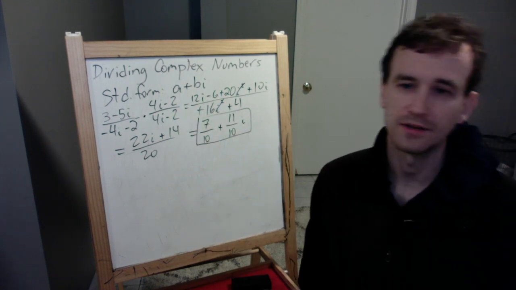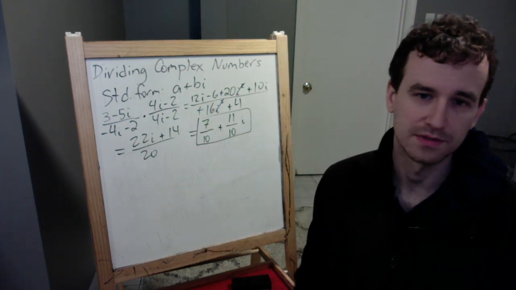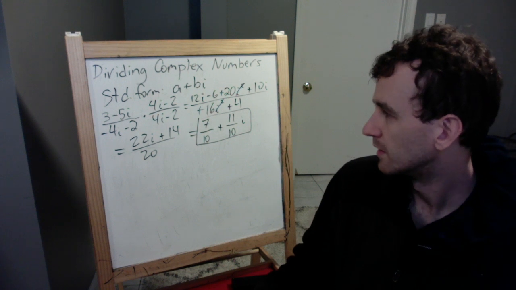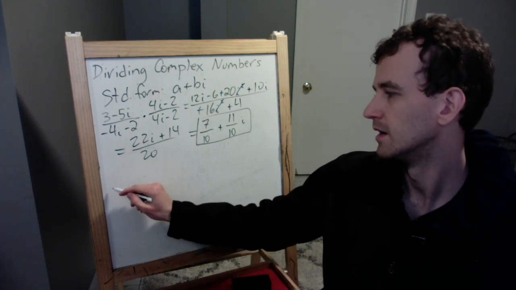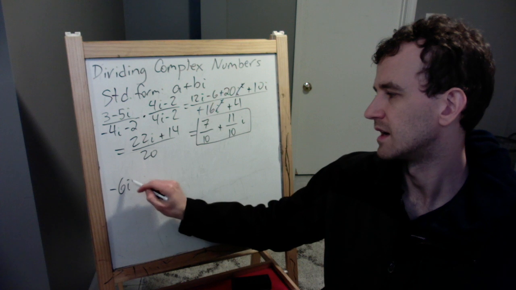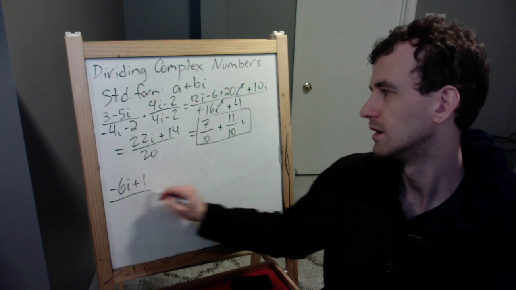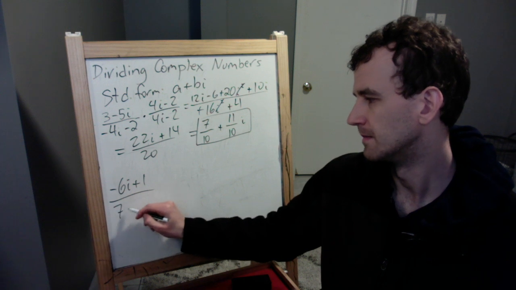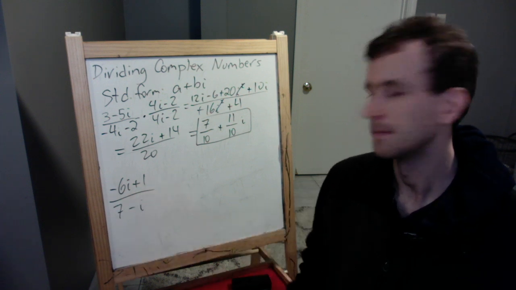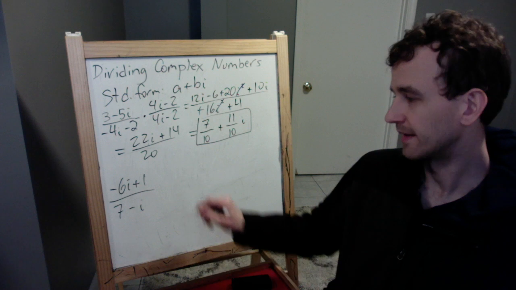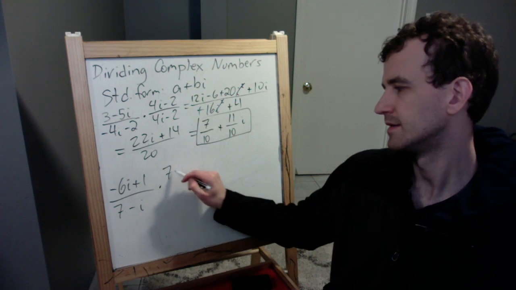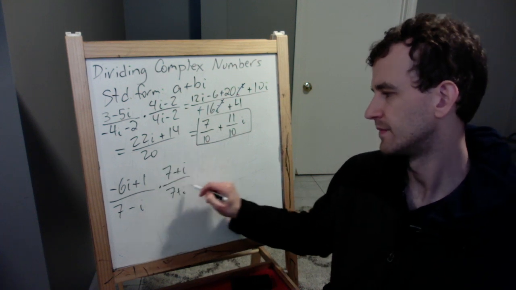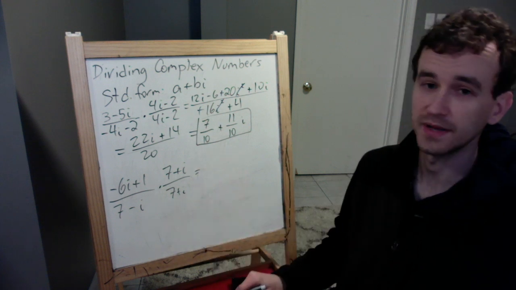That's our first example, dividing complex numbers. We'll do one more example. Let's say we have negative 6i plus 1 over, I don't know, 7 minus i. Multiply by the complex conjugate of the denominator, 7 plus i, and then multiply everything out.